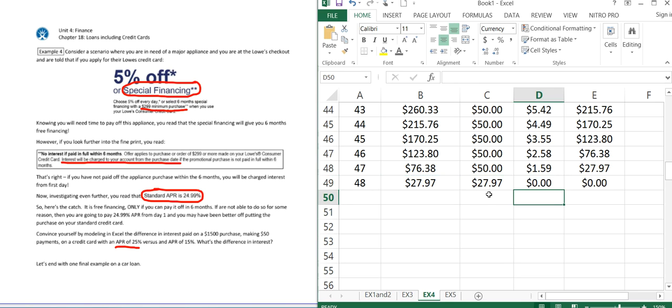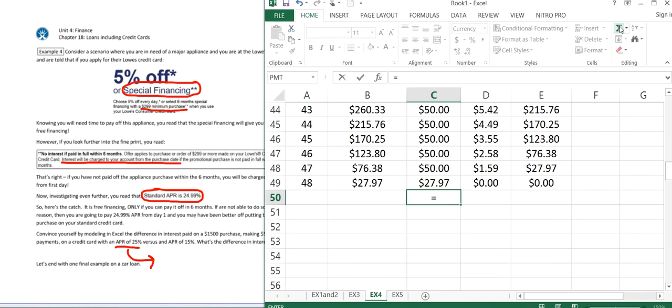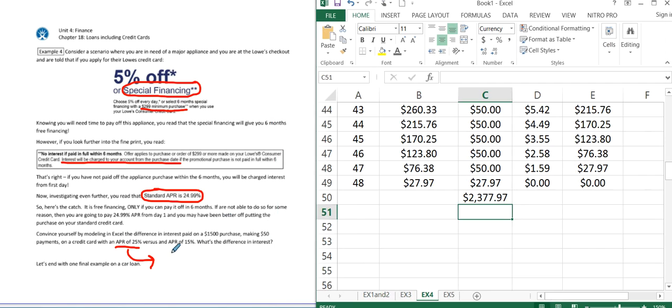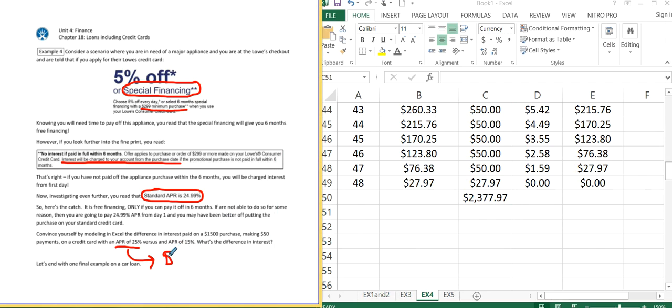So if I look at the total of all of my payments, if I was to use this APR of 25%, I would have been sending in a total of $2377.97. So in total, that would have been my, grab my pen here, sorry.